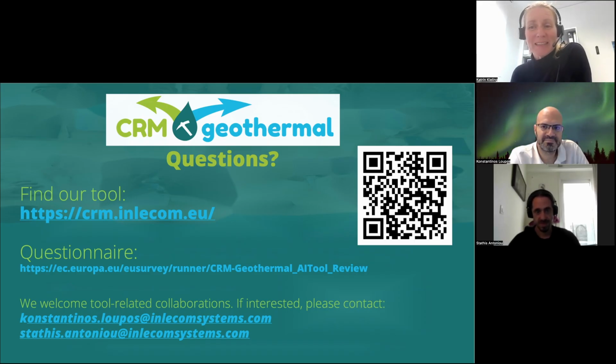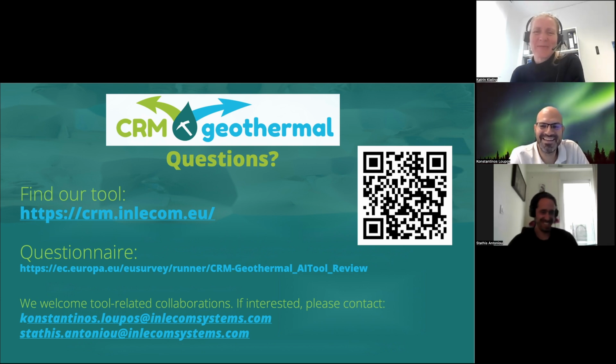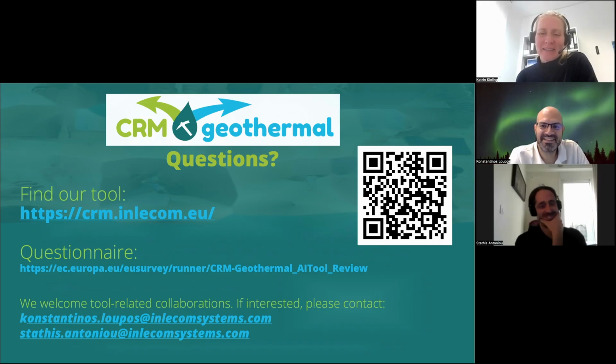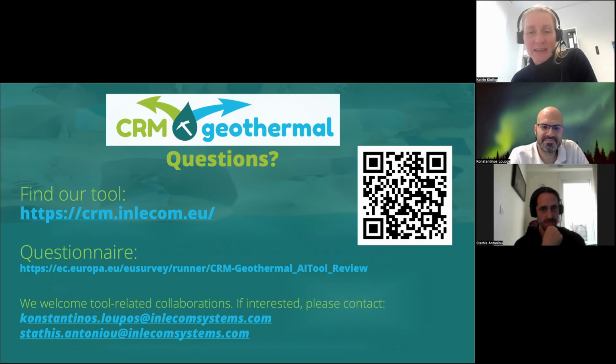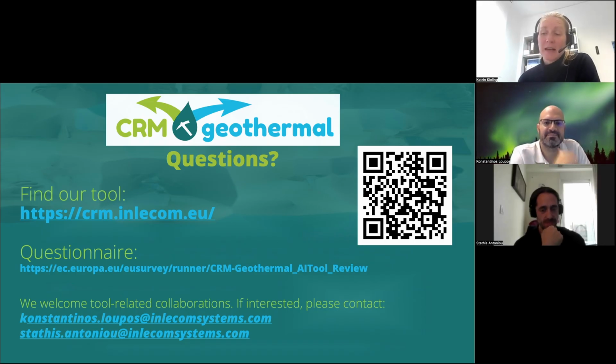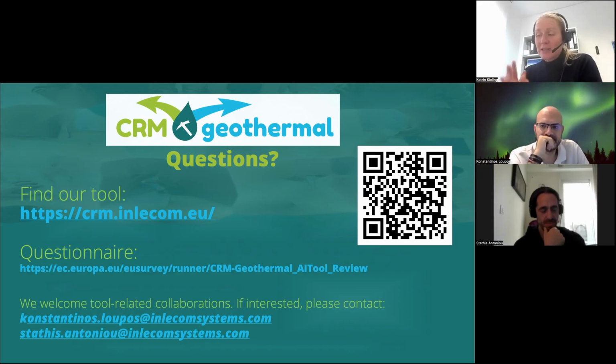Maybe I can answer this myself. Well, I actually don't know exactly about the reserves or lithium potential, but I can give you a few numbers of lithium that we find in the geothermal fluids. The range of concentration of lithium in the fluids is between 10 milligrams per liter up to, let's say, 400 milligrams per liter in Europe.